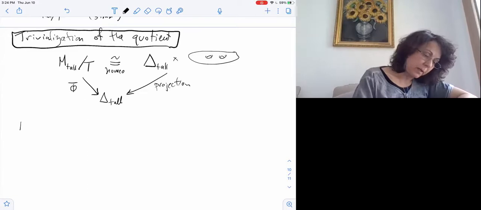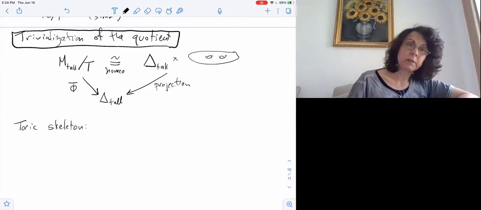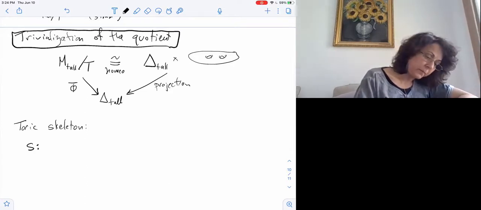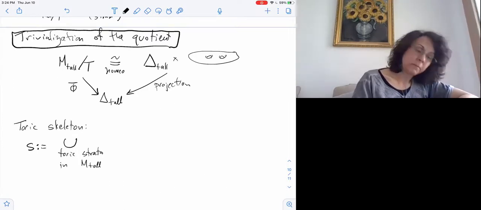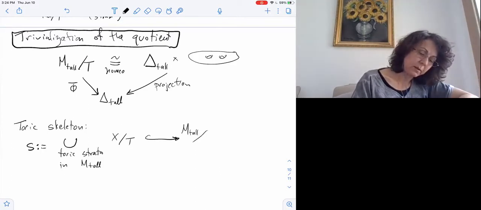And then, what is the toric skeleton? It is what you get from the toric orbit type strata. By definition, this will be the union of the toric strata inside M tau. So I'm ignoring the short pieces and working in the quotient space, which I can trivialize.